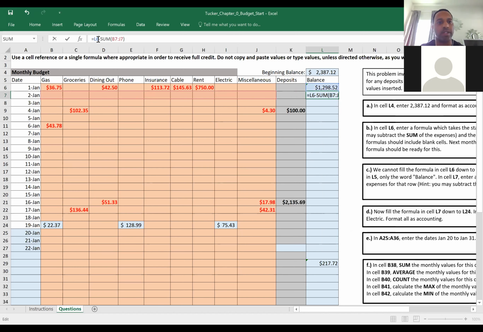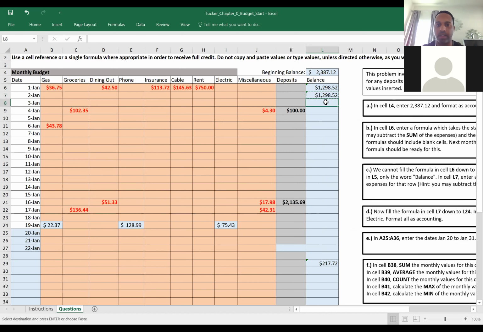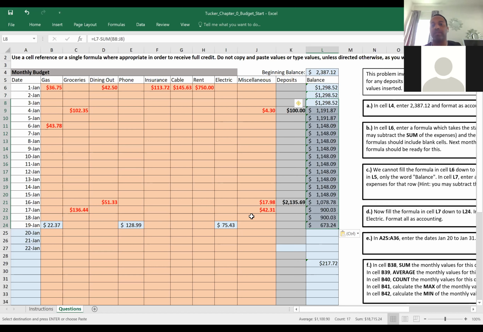Remember, we were looking at the directions the first time. So L6, and then from here, we copy this value and we paste it. So pay attention to the directions. That's a lesson learned here, right? And there we go. All right, so that one value messed up my stuff. But yeah, now we're good to go.